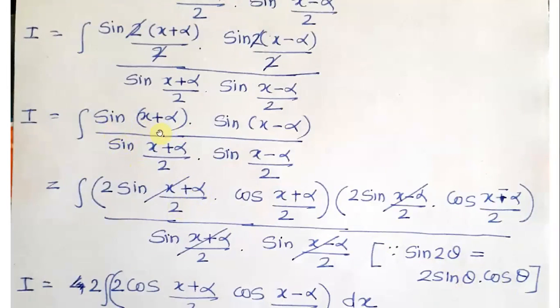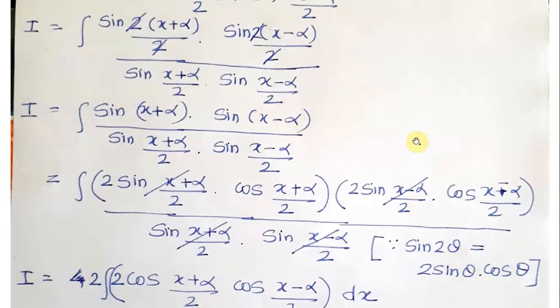So sine theta is equal to 2 sine theta by 2 into cos theta by 2. Same formula I applied on this term also. Remember, if I am considering theta, then here theta by 2 will come. If I am considering 2 theta, then half of that means only theta will come.